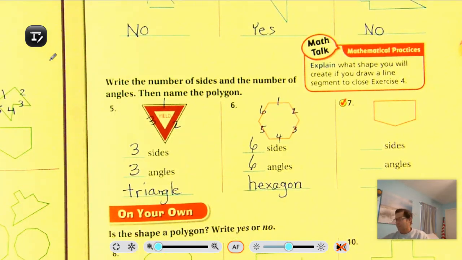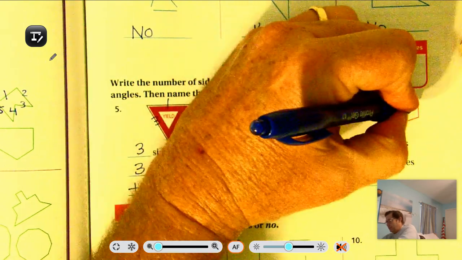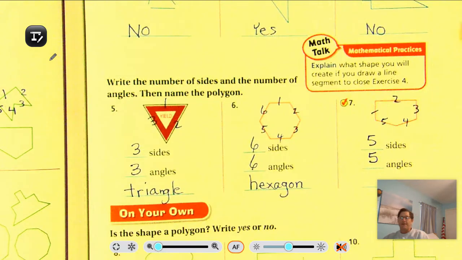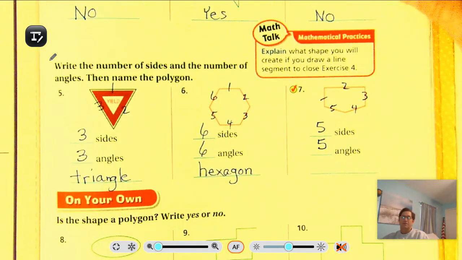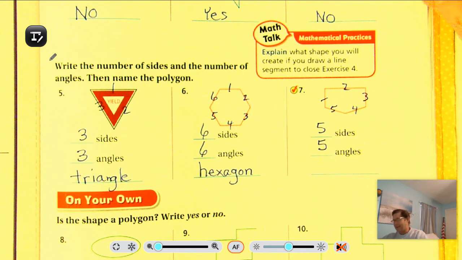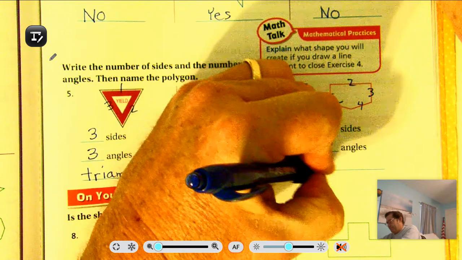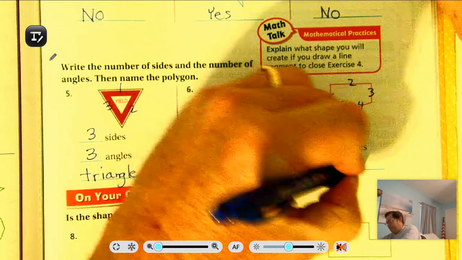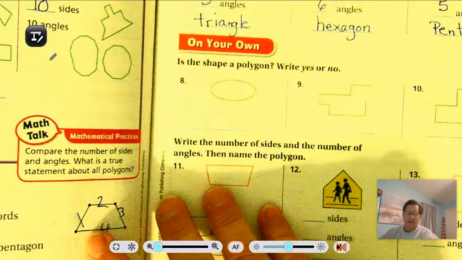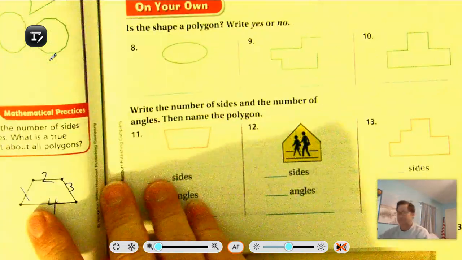Number 7. 1, 2, 3, 4, 5. 5 sides, 5 angles. 3 sides is a triangle, 4 sides is a quadrilateral, 5 sides is a pentagon. Number 8. Is the shape a polygon?